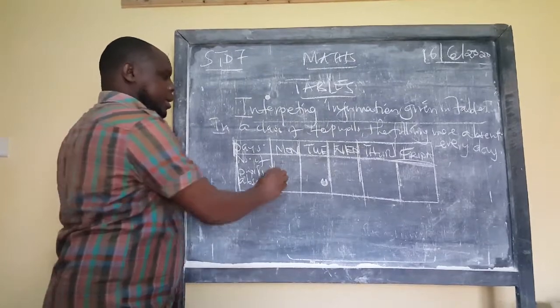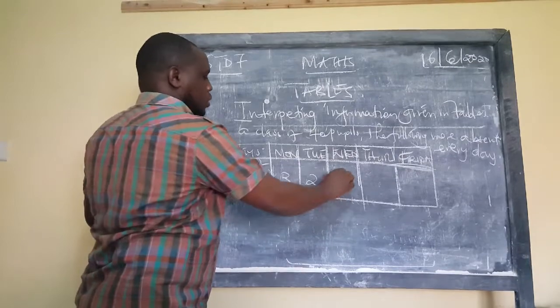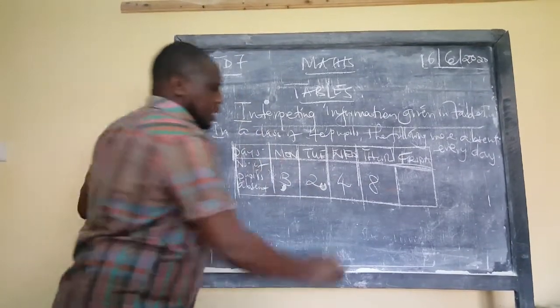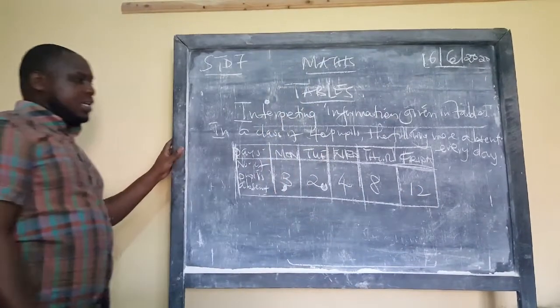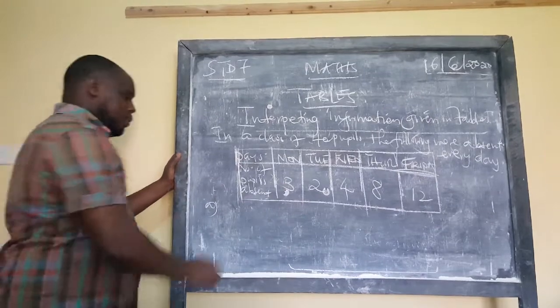So on Monday, 3 were absent. Tuesday, 2, 4, 8, and on Friday, a number bigger, 12 were absent. Number A, we want to answer questions.